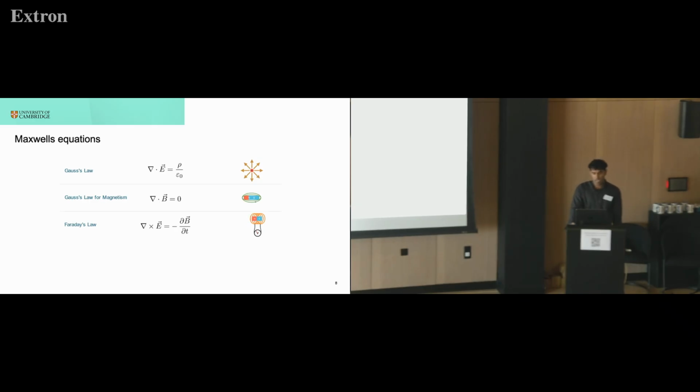And then finally, we have Ampere-Maxwell's law, which talks about the current and how that creates a rotating B field, or magnetic field. But for eddy current problems, we can neglect the capacitance effects. And so our equations simply become these four here.